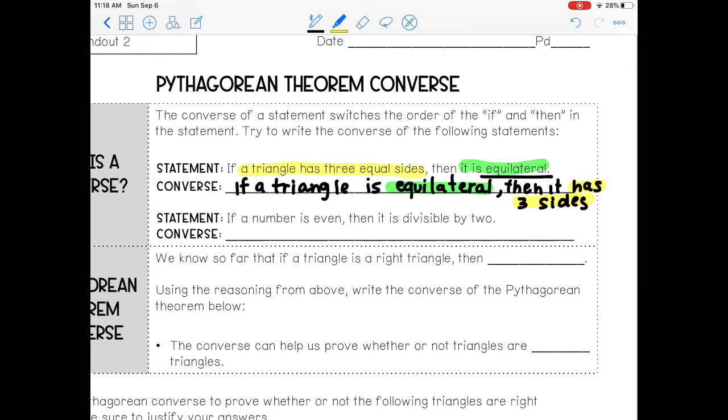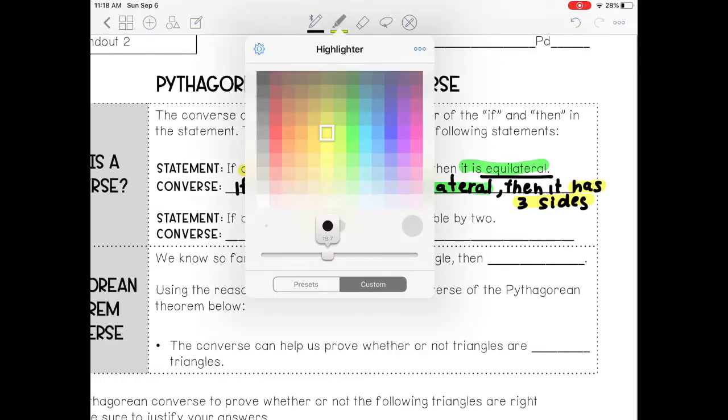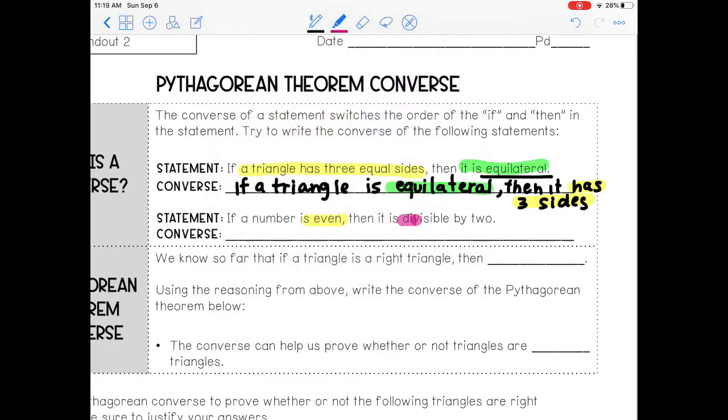So let's try one more just to get the hang of it. A statement is, if a number is even, then it is divisible by 2. So my first part is even, and then the second part would be divisible by 2.